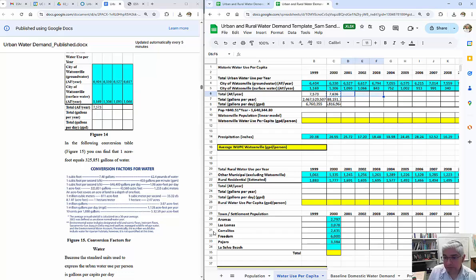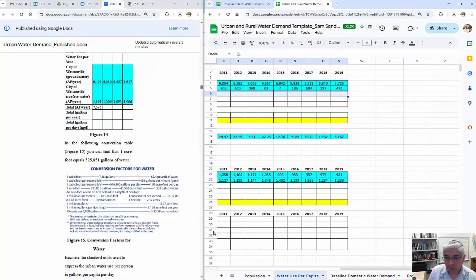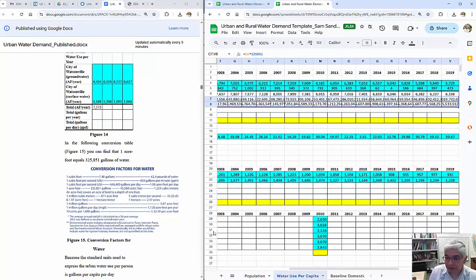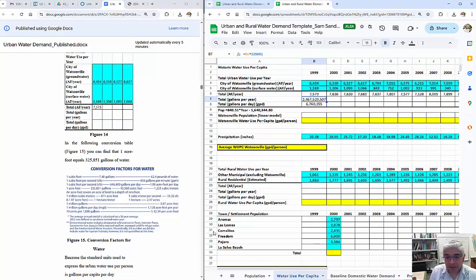Now what I'm going to do is, there you go. So this has calculated that. Now, for the sake of practicality, I will copy those. These are acre feet per year. In order to convert acre feet per year to gallons per year, we have to multiply this value times this many gallons per acre foot, which is here, 1 acre foot equals this many gallons.